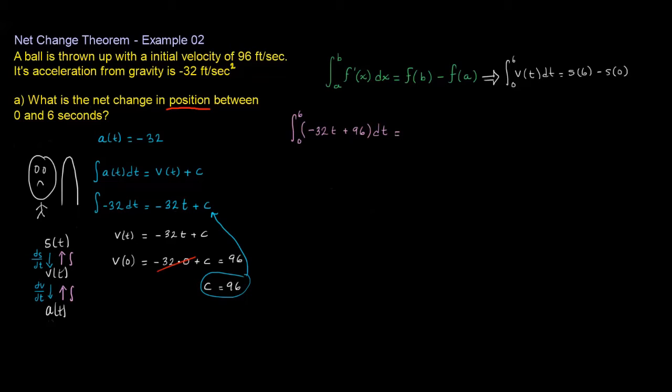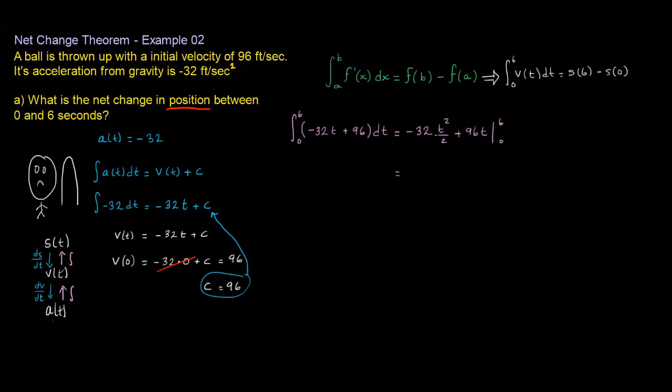Now the antiderivative of this will be negative 32 t squared over 2 plus 96t. This will be evaluated between 6 and 0.